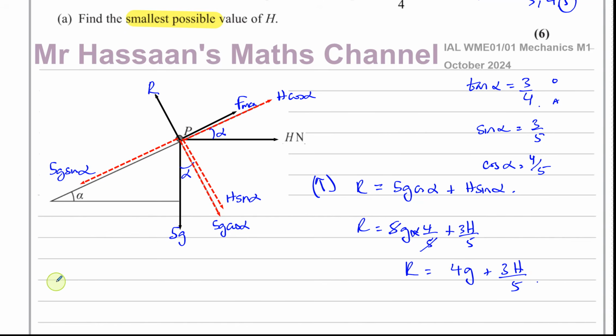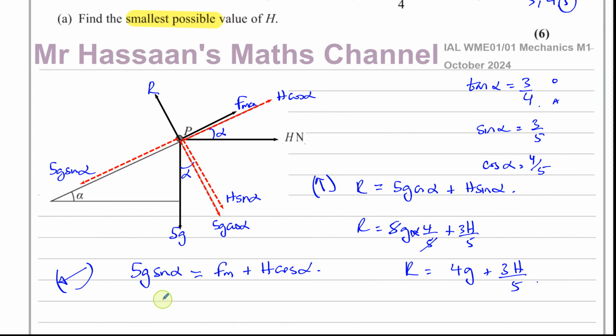Now, if we resolve the forces going down the plane this way, because it's about to slide down, I'm going to take that as positive. It doesn't really matter which one I do because it's an equilibrium. So we have 5g sine alpha is equal to, because it's an equilibrium, F max plus h times cosine alpha.